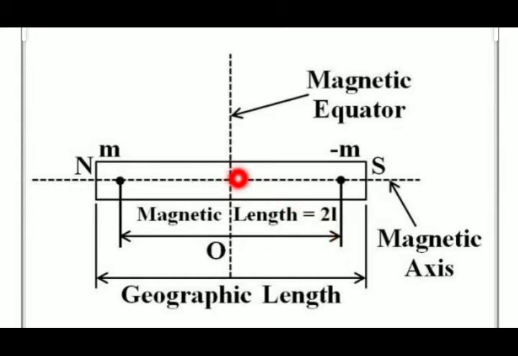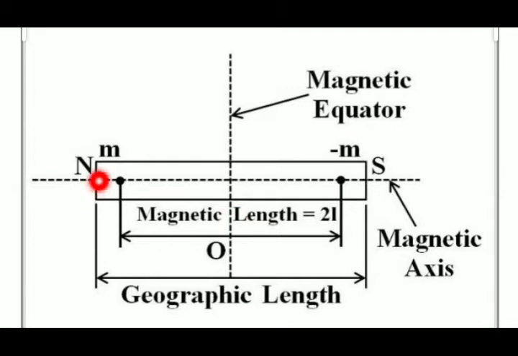See, this is the center of the bar magnet, and the distance of the south pole from the center of the bar magnet is L, and the distance of the north pole strength is also L. So north to south, how many L is there? 2L. So that's why the magnetic length itself is 2L. Fine. And this is the center part of the bar magnet, which is O.